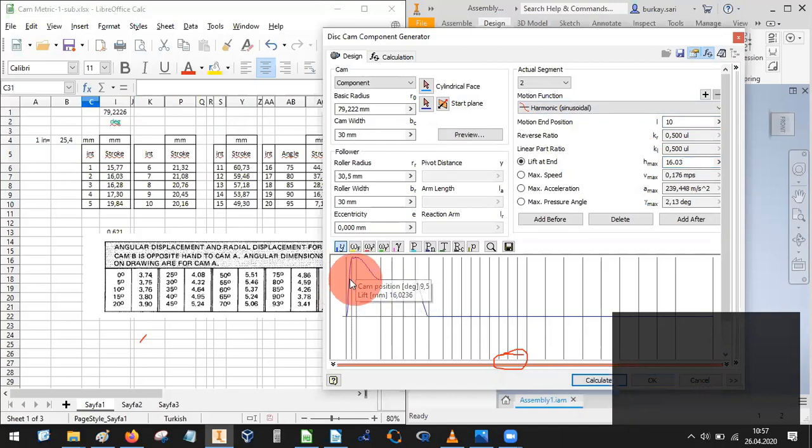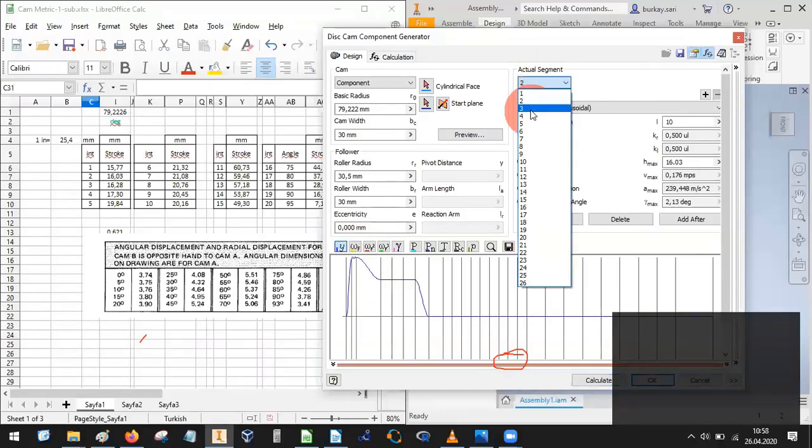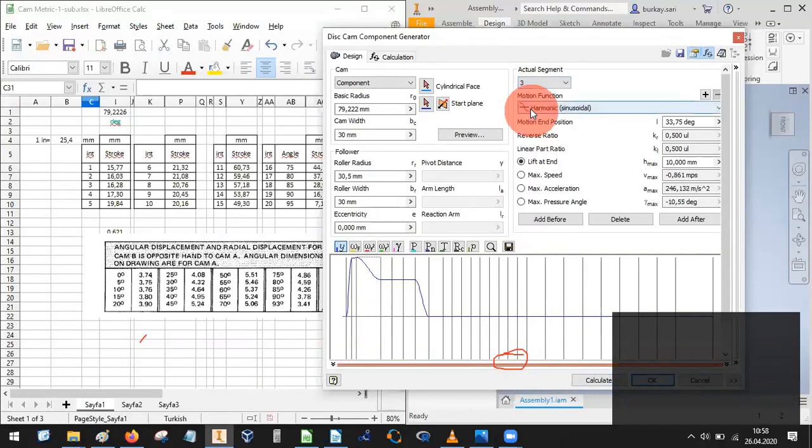When you calculate, the position of the segment changes on the bottom side in this graphical screen. The next is the third segment. The third one starts at 10 degrees and ends at 15. And the lift at the third one is 16.28.